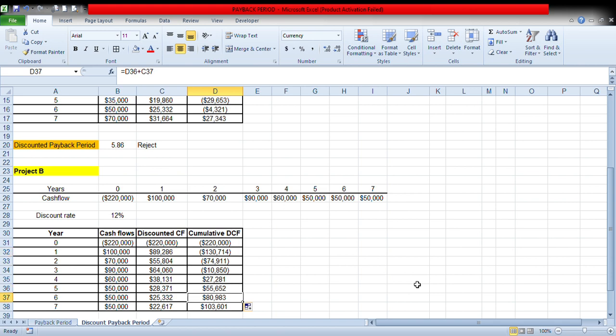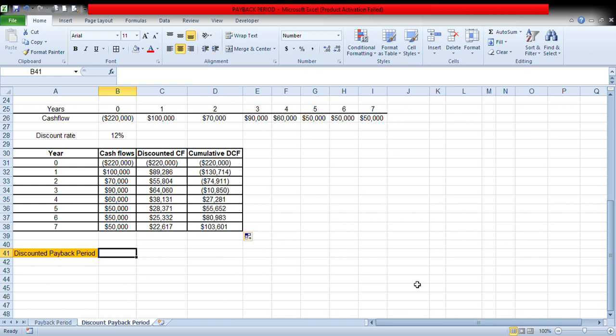Okay, let's check whether we have to accept or reject this. First of all, the last negative year, 3, plus bracket open, then the last cumulative discounted cash flow negative value, then divide by the next year's discounted cash flow, which gives 2.72 years.